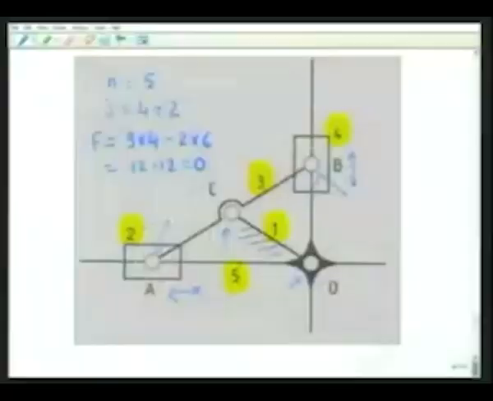However, for the special dimensions, when I make OC the same as BC the same as AC, then we will see that there will be a degree of freedom. The effective degree of freedom of this mechanism will turn out to be just 1.